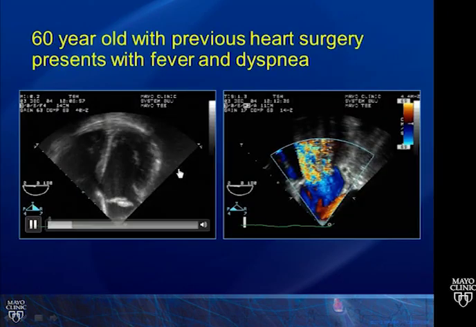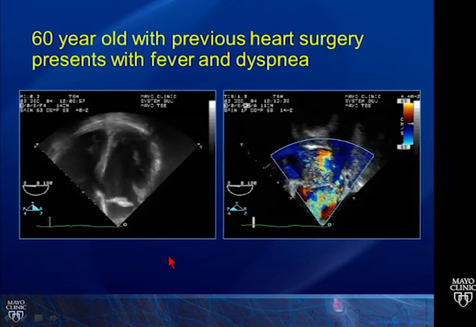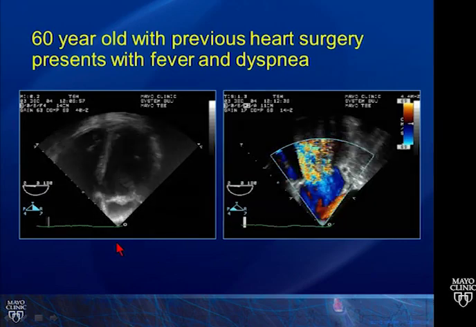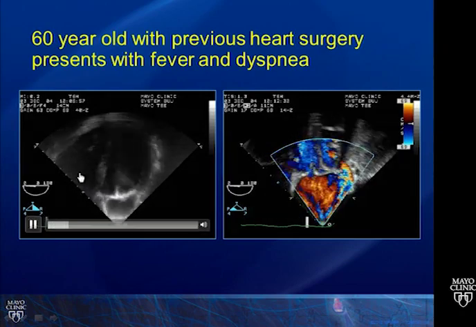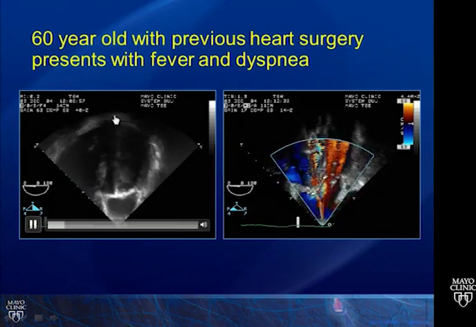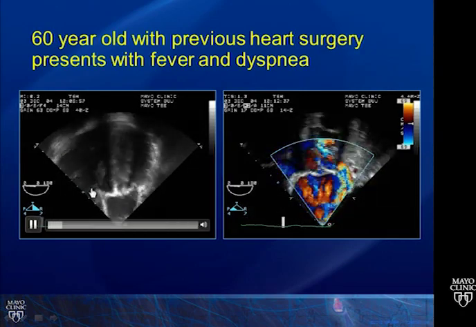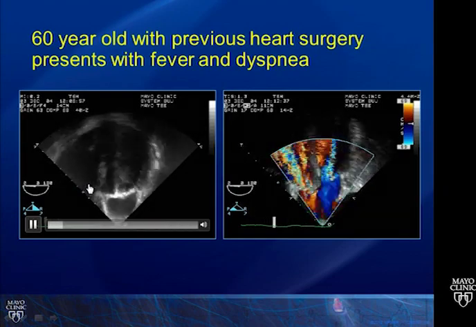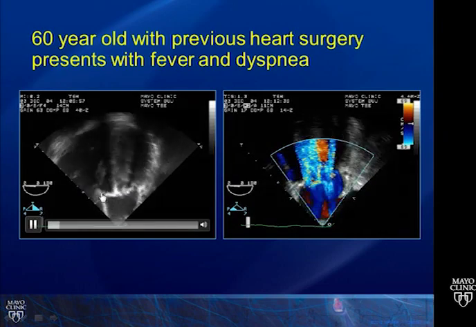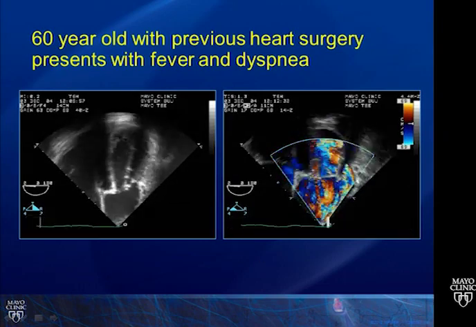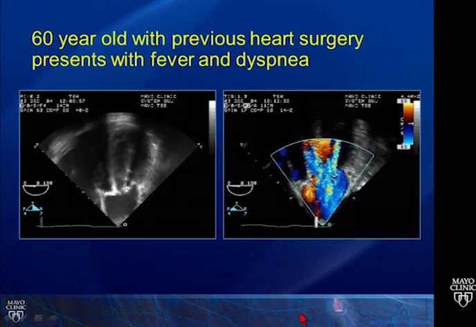The case 17 now is a 60-year-old with a previous heart surgery who presents with fever and dyspnea. And you can see the apical four-chamber view, and now we have the tricuspid valve on the left side of your screen. Right side of your screen is the left ventricle, and we throw color flow on.